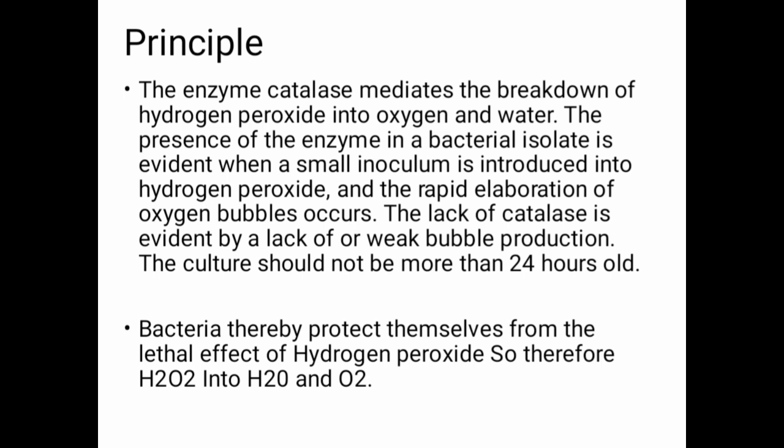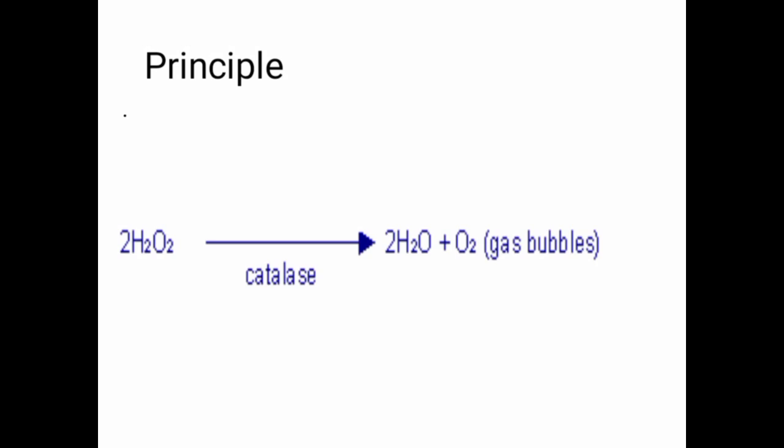Basically, the catalase enzyme shows defense against hydrogen peroxide. Here is the diagrammatic principle of the catalase test. When catalase positive bacteria are present, catalase breaks down hydrogen peroxide into water plus oxygen. As a result, gas bubbles will be produced.